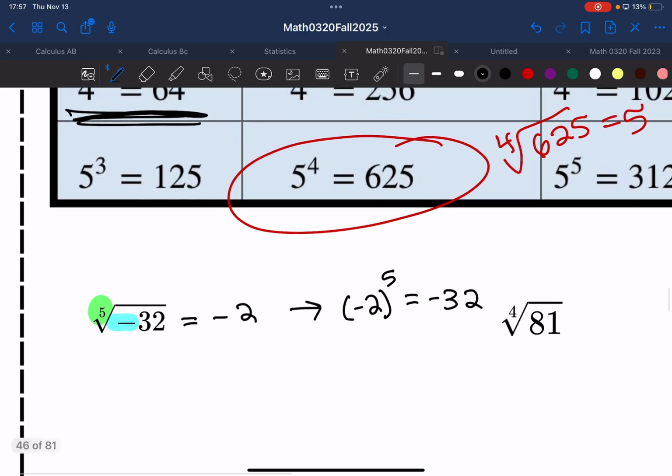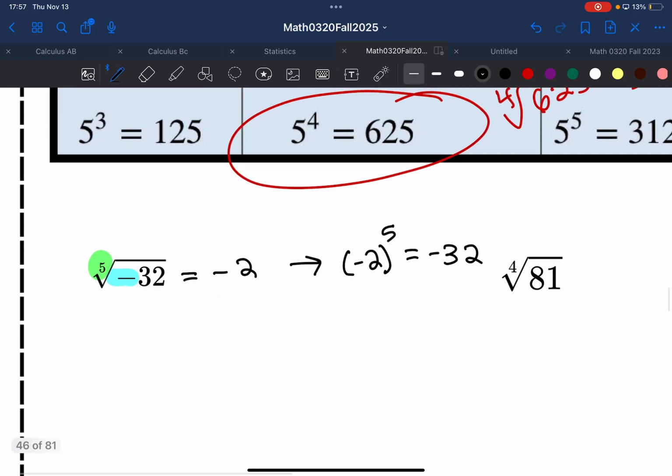Okay. We could do this a different way. Let's say you don't want to rely on that table. Do you guys remember in the beginning when we did the prime factor tree? Okay, so when we divided the number all by prime numbers. So we could do that here. So ignore the negative for now.